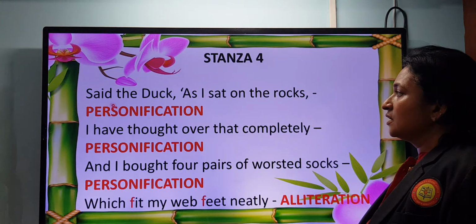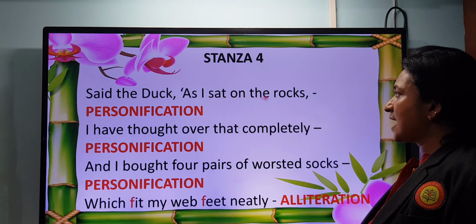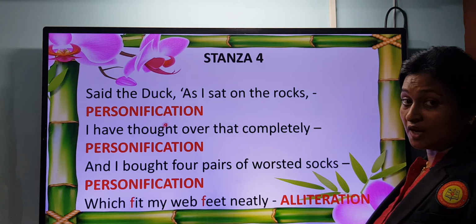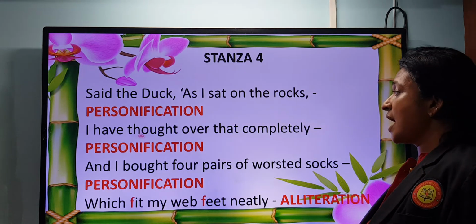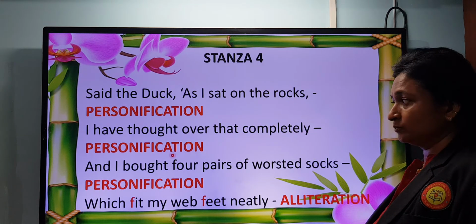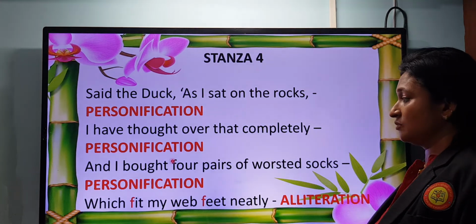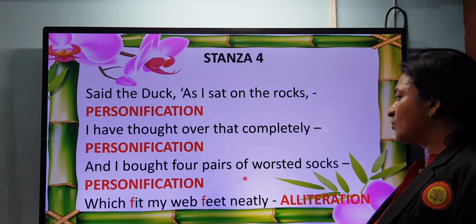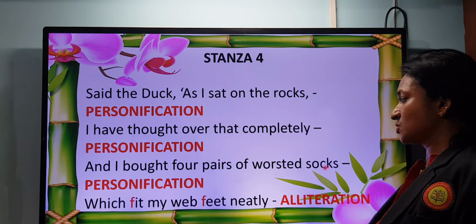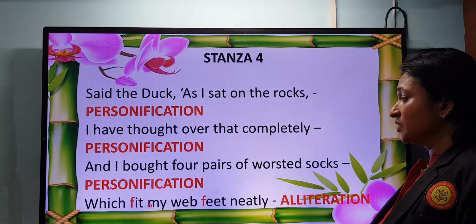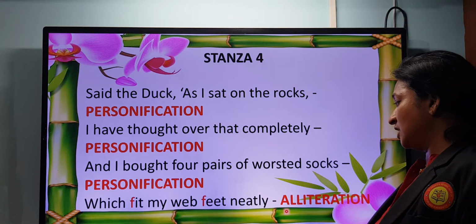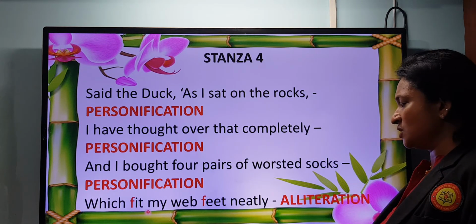Fourth stanza: said the duck, as I sat on the rocks, personification, duck sitting on the rock. I have thought over that completely. Thinking, personification. And I bought four pairs of worsted socks, personification, which fit my web feet neatly. The F sound is repeated, so alliteration.